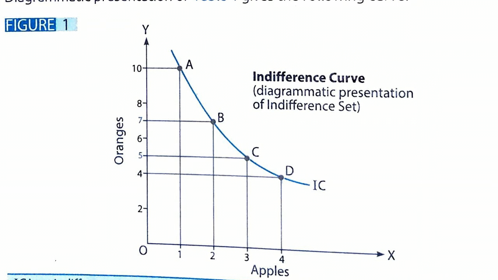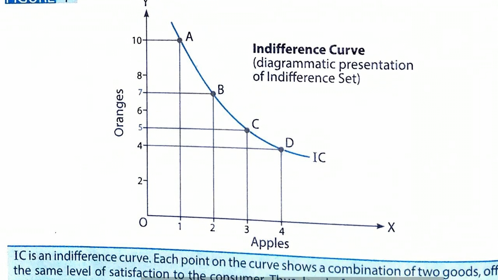That means the consumer is now not sacrificing so much of that old vegetable to have 1 kg or 1 unit of that new vegetable. So like this, the consumer is not sacrificing more of oranges later. So later you can see the sacrifice is only 1.